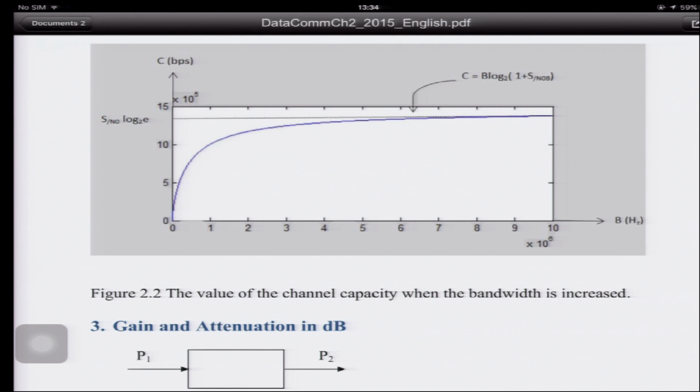Sorry, the blue line is the channel capacity, and the dashed black line is the limit, S over N naught of log base 2 of e. The blue line is the channel capacity equal to B log base 2 of 1 plus S over N naught B.